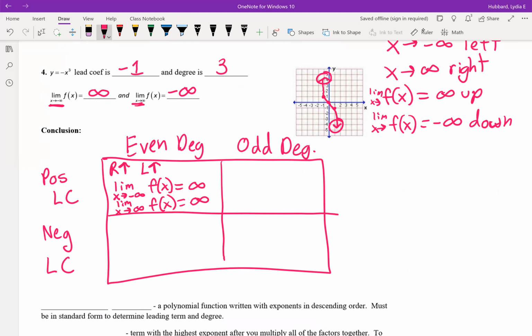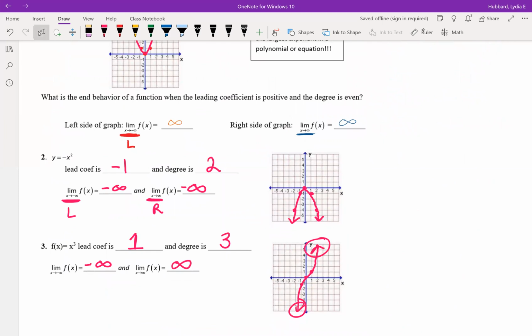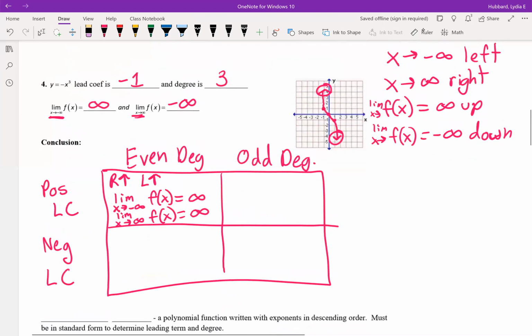Now, if we had a negative leading coefficient and an even degree, that's what was happening in our second one. We had negative leading coefficient, even degree. Both sides of our graph are going down. And so our right side was going down and our left side was going down.